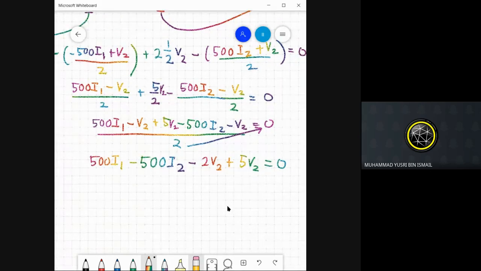So here you will have 500 I1 minus 500 I2 plus 3V2 equal to 0.